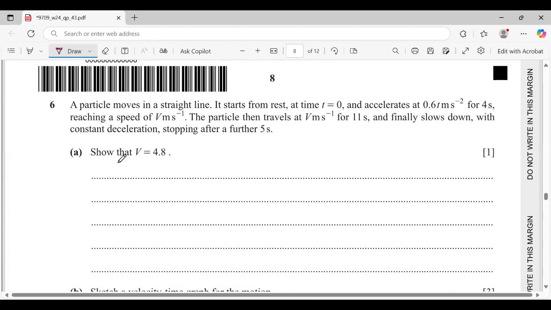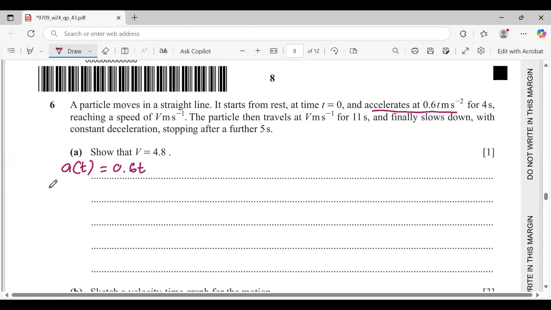Right. They are going to find the velocity after 4 seconds. And the acceleration function through this information is a equals 0.6 t.